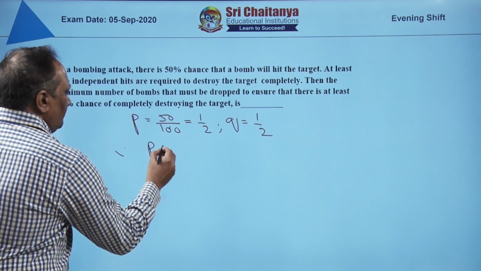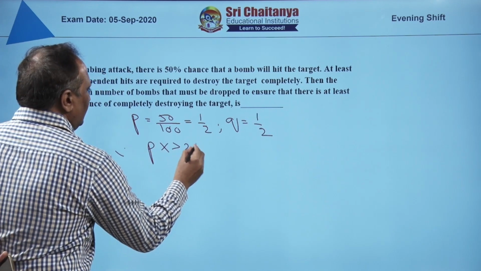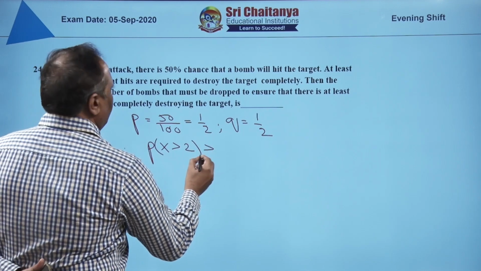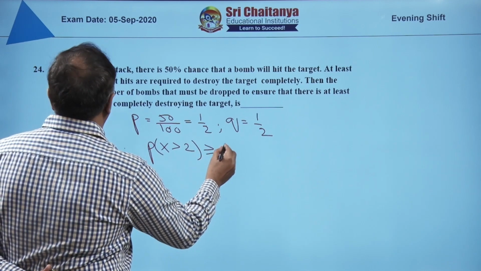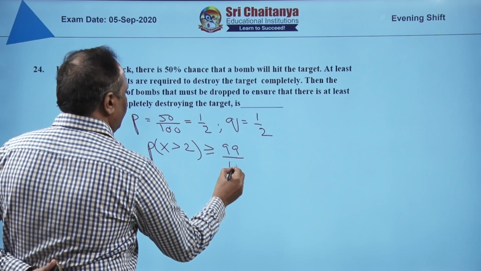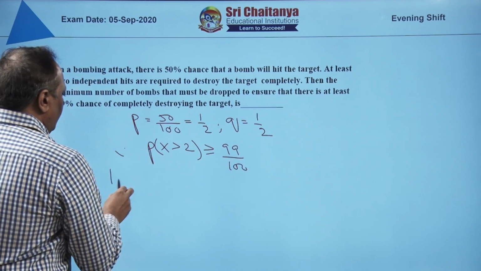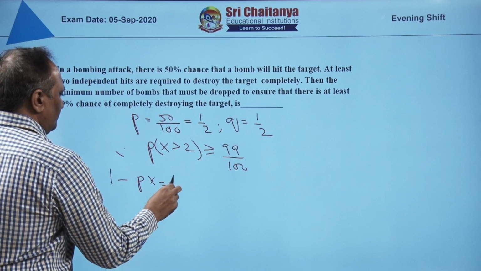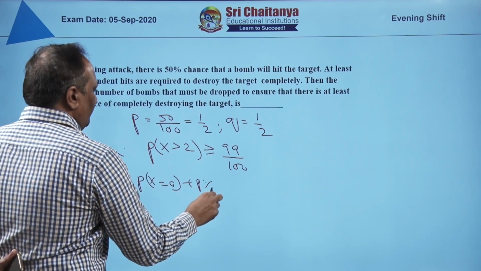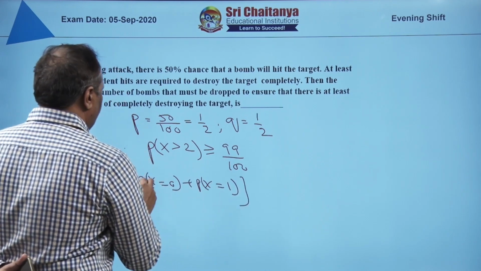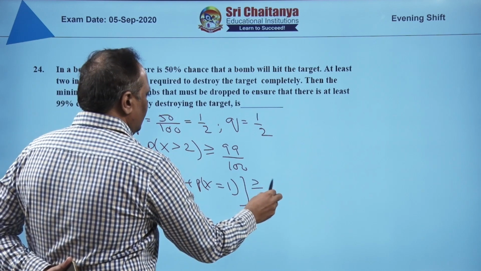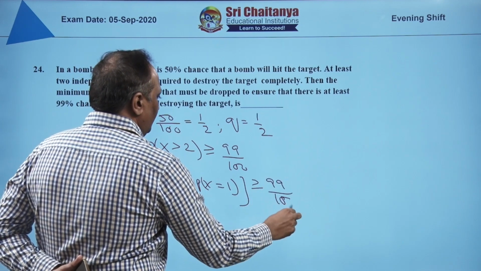And here P of x greater than or equal to 2, at least means greater than or equal to, 99 by 100. So, 1 minus P of x equal to 0 plus P of x equal to 1, this value is greater than or equal to 99 by 100.